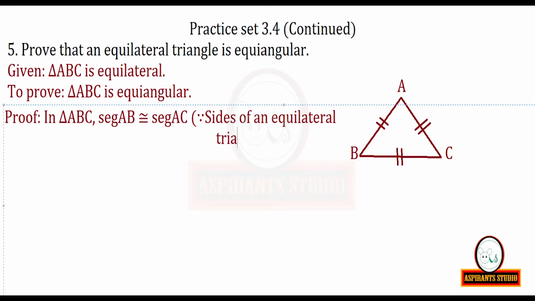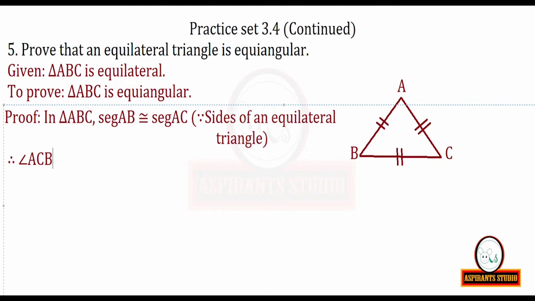Now in the next line, apply isosceles triangle theorem. If two sides of a triangle are congruent, then the angles opposite to them are congruent. This is the isosceles triangle theorem statement. So opposite to segment AB, you have angle ACB.